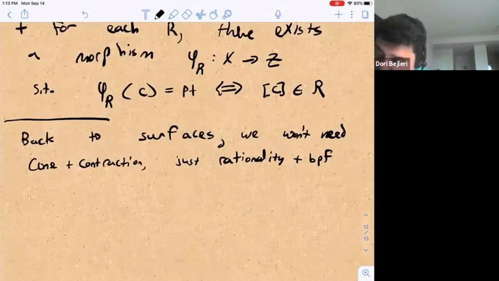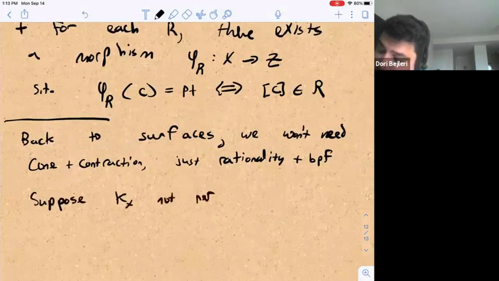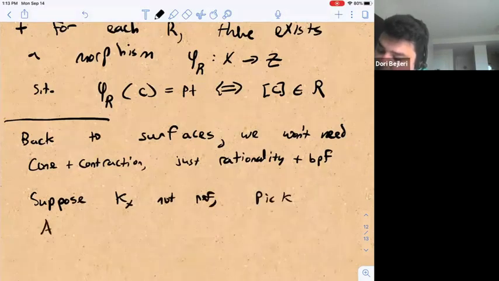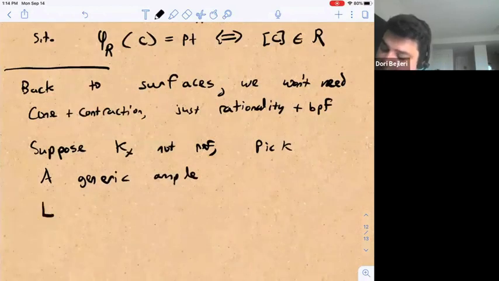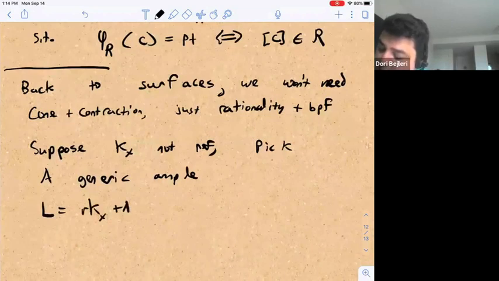We start with our X, whose canonical bundle is not nef. Pick some ample A generically and run this strategy. So we have L equals rK_X plus A, where r is the nef threshold.